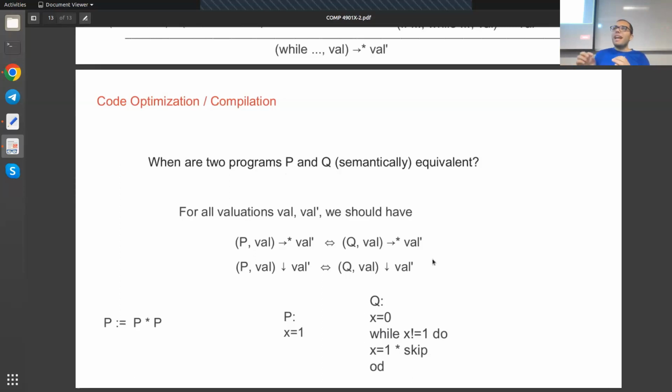Okay, but at this point, what I want you to see is that we have a lot of quantifiers, and we're going to have quantifiers over programs. I'm going to say for every program P and for every program Q, if this particular optimization turns P into Q, then P is equivalent to Q. So I would need to be able to quantify over my programs. I would need to have a formal definition of my optimization, like what is it exactly that my optimization is doing.